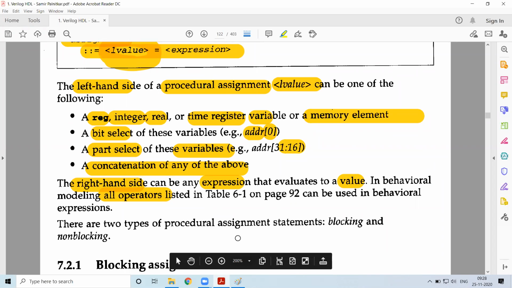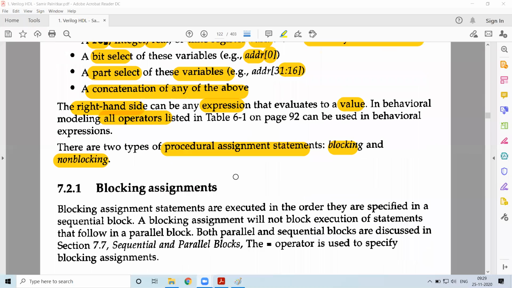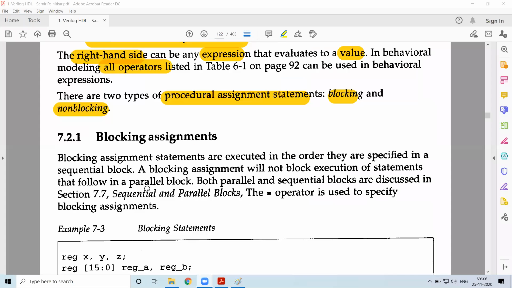Now under these procedural assignments, we have two variations, called blocking and non-blocking. So there are two types of procedural assignment statements, blocking and non-blocking. Let us discuss them one by one. First, blocking assignments. What is actually meant by blocking assignments?